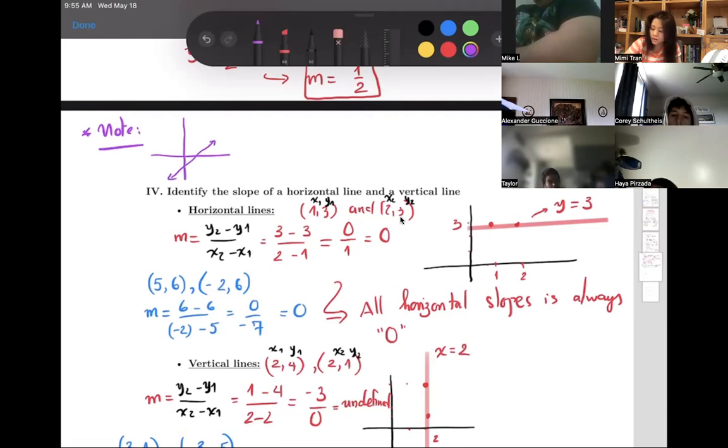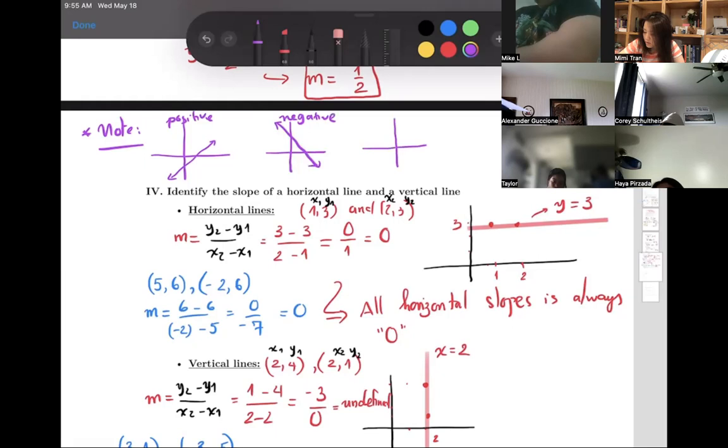Positive, right? Thank you, Alex. Positive. As long as you see it increasing. And then if I have something like this, it'll be negative, right? Negative slope. What is the slope of this equation or this line?